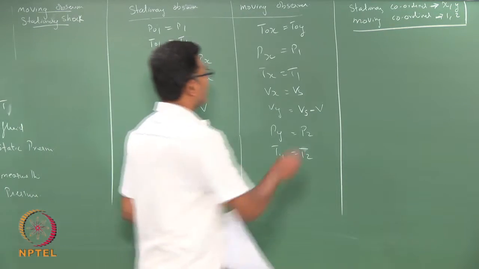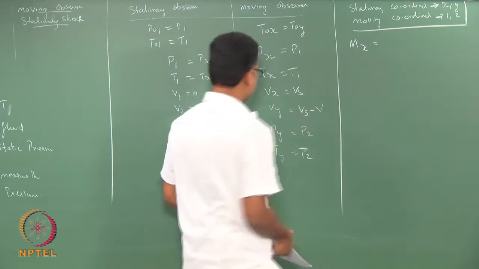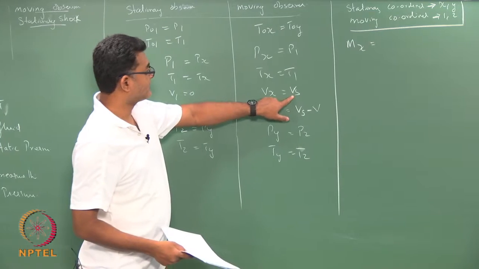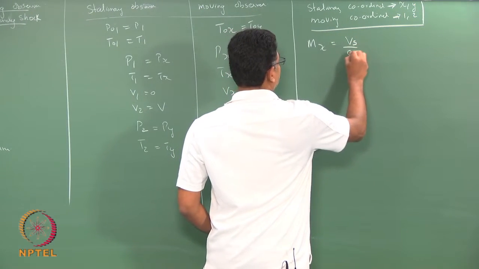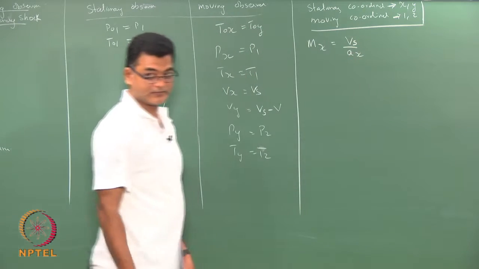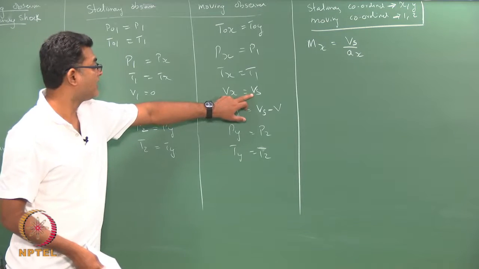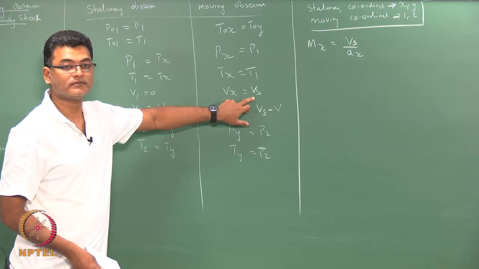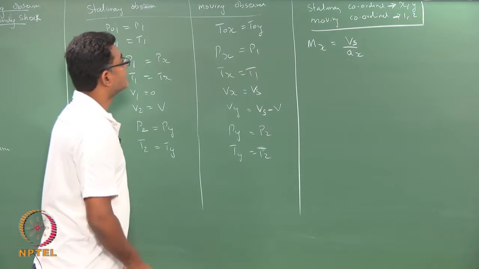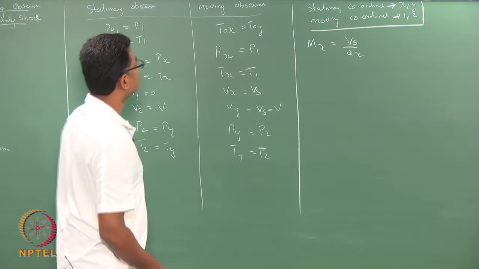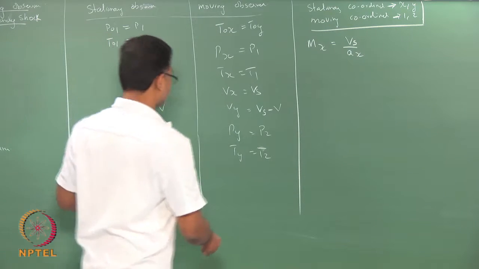So, now I have mx, mx is Vs by Ax. Yeah, sorry.